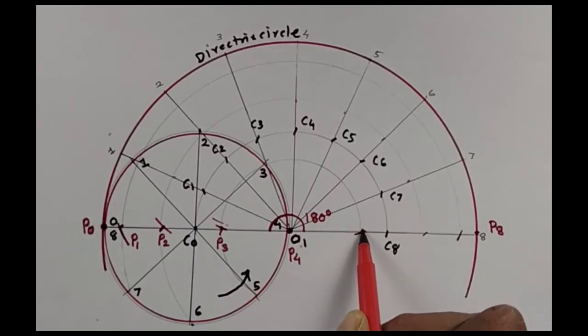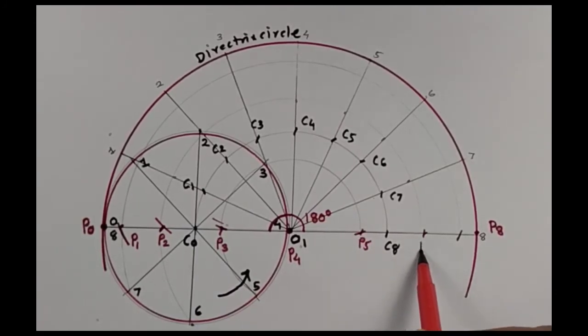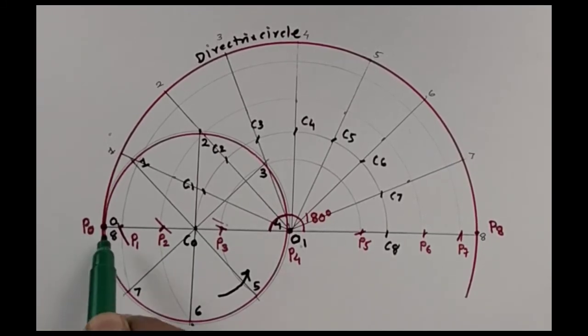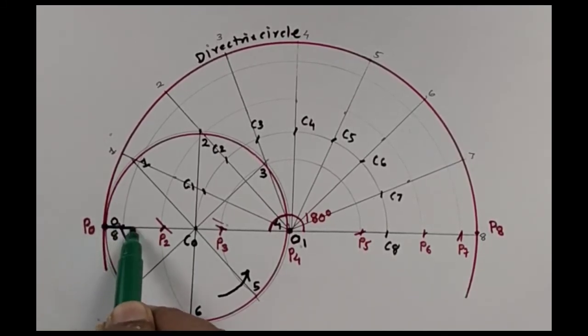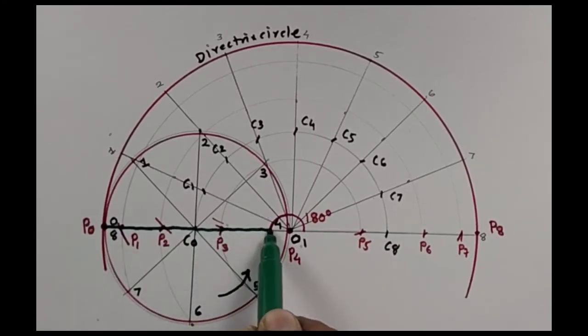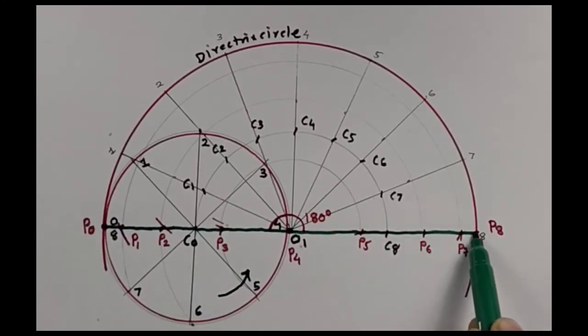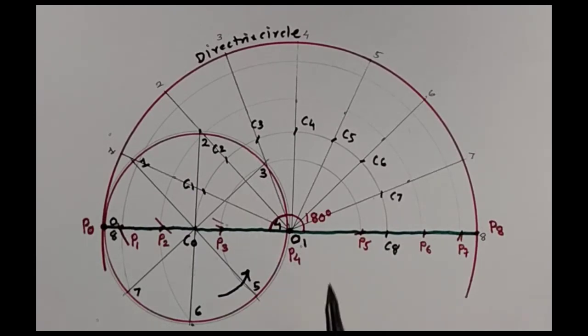P3, P4, this is our P5, this is our P6, P7 and P8. Now I join all the points with a smooth curve, that means the straight line. So here your hypocycloid is a straight line.